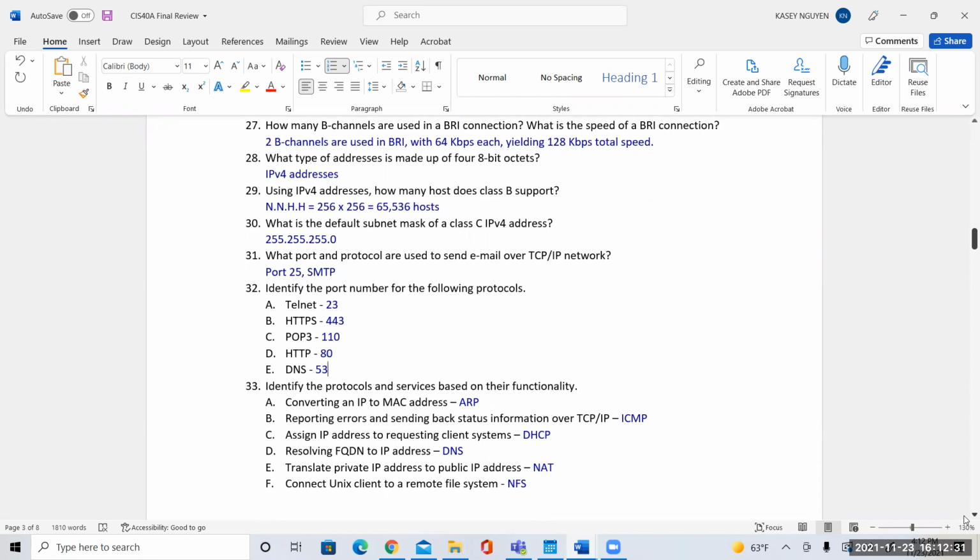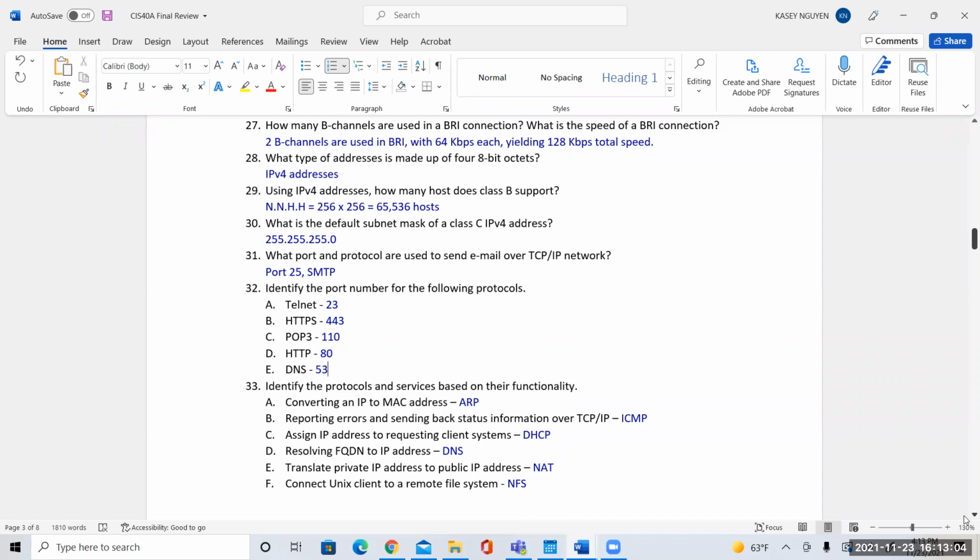33. Identify the protocols and the services based on their functionality. Converting an IP to a MAC, that's your ARP, Address Resolution Protocol, ARP table. B. Reporting errors and sending back status information over TCP/IP, that's ping, ICMP. Assign IP addresses to requesting client systems, DHCP.